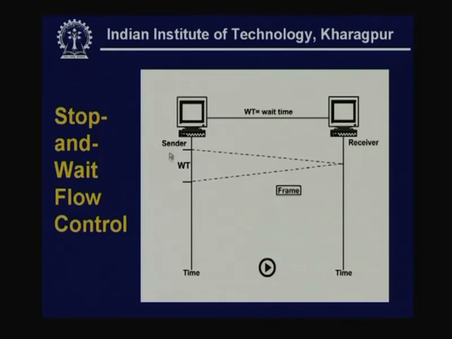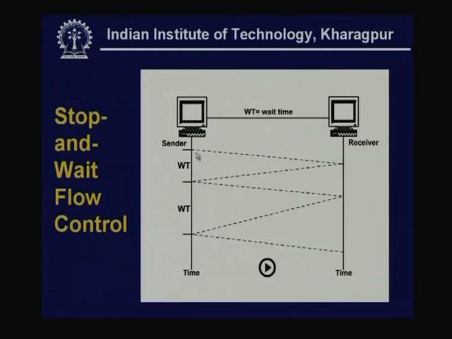So, you see there is a waiting time involved before another frame can be sent. Similarly, after another frame is received by the receiver, it will send another acknowledgement, and after receiving that acknowledgement, again the sender will send another frame, as you can see from this animation.